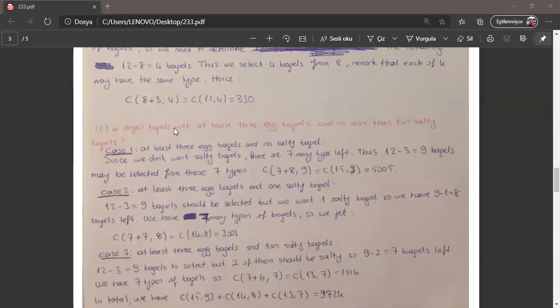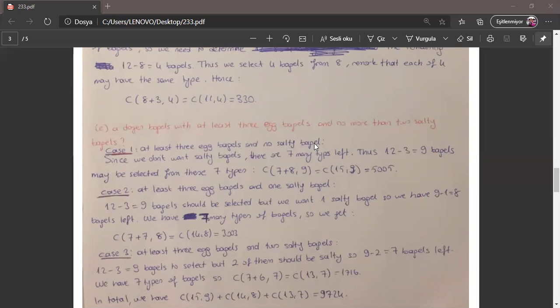Now, a dozen bagels with at least 3 egg bagels and no more than 2 salty bagels. Now this is fixed: at least 3 egg bagels and no more than 2 salty bagels. We need to examine the cases. For the first case, we have at least 3 egg bagels and no salty bagel.